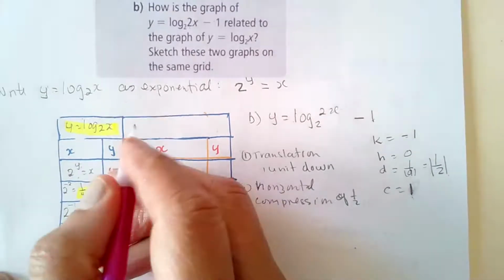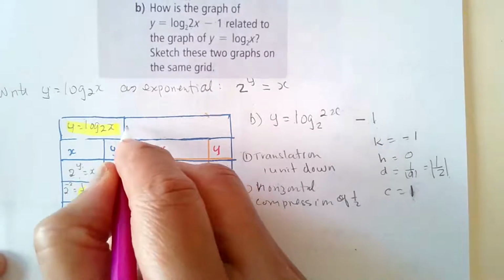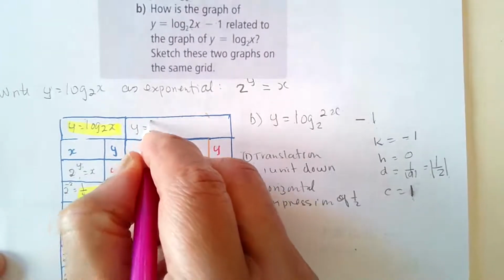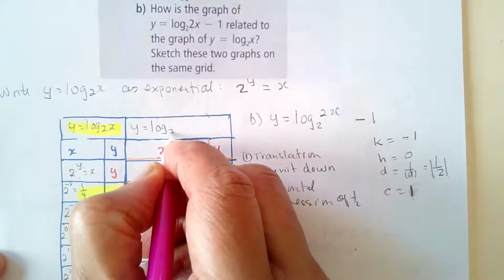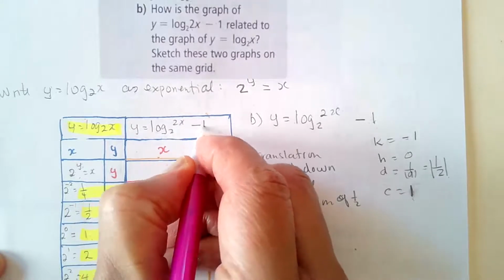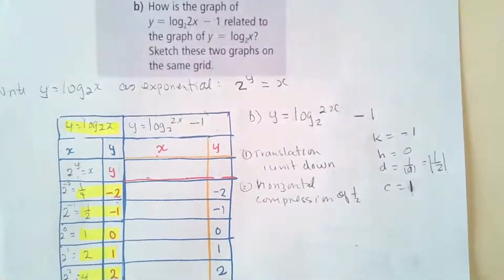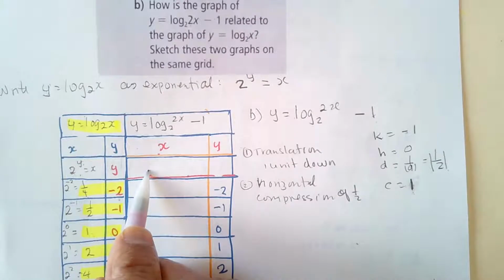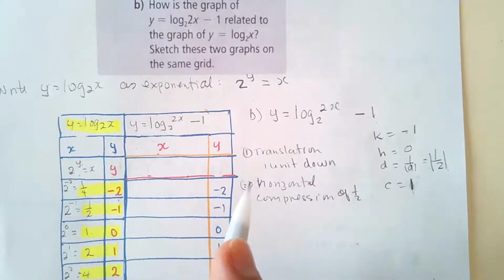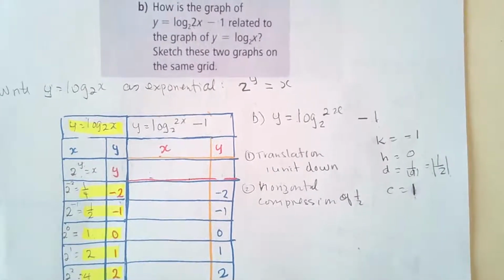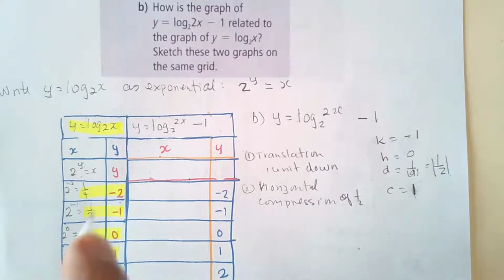So this is our equation. We have y is equal to log 2x minus 1. So our x coordinate here, if we were to translate it, okay, what do we have here?